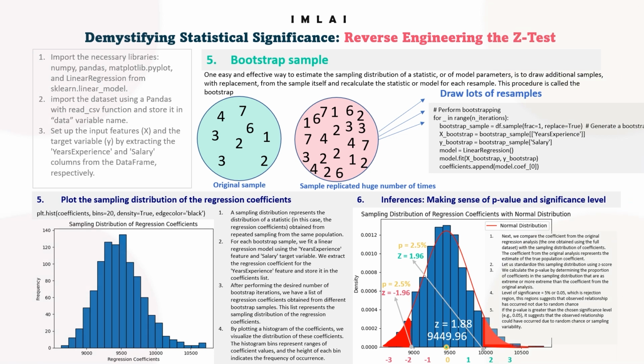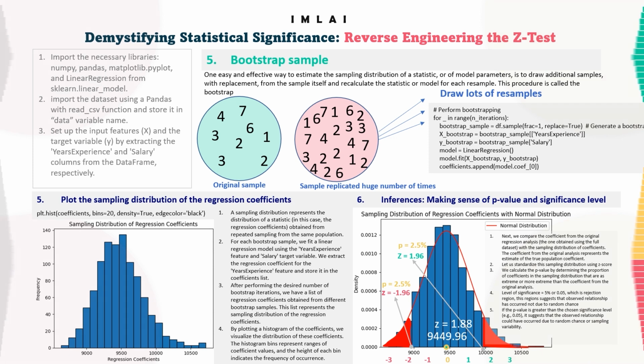If it is high, you can directly tell there is no significant relationship between them, because the frequency of them occurring because of randomness, random chance or variability is very high, that you can clearly see on the screen. From 9,000 to 10,000, the frequency of occurring is very high. That's the reason, by randomness, by chance, because whatever we have done is a shuffling.